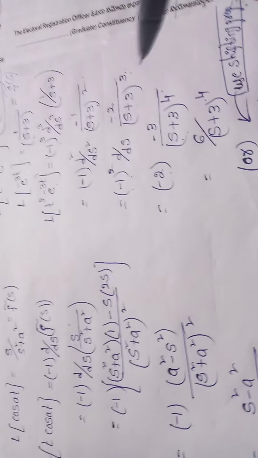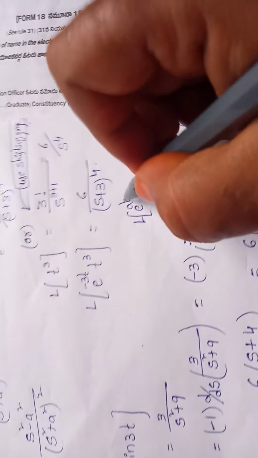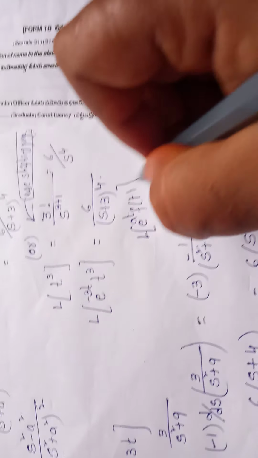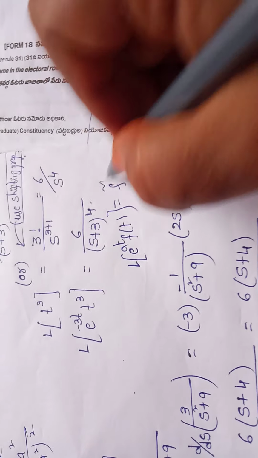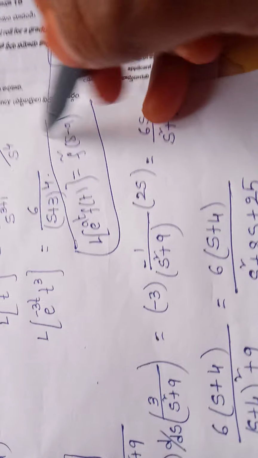Another simple way is to use the first shifting property. What is the first shifting property? L of e power at into f of t is f bar of s minus a. This is the first shifting property, e power at into f of t.